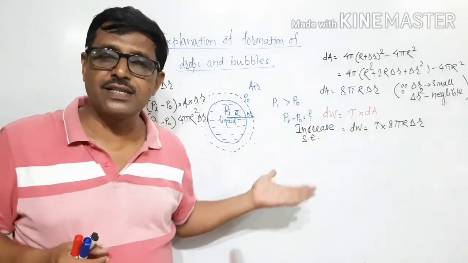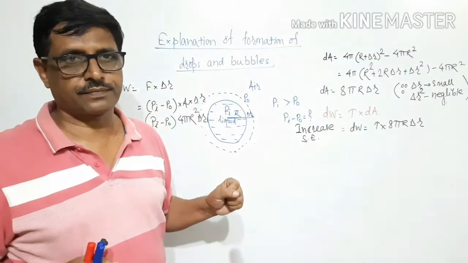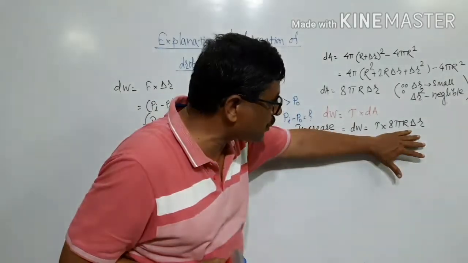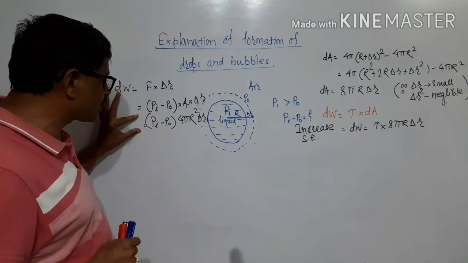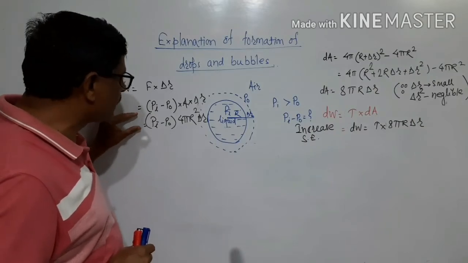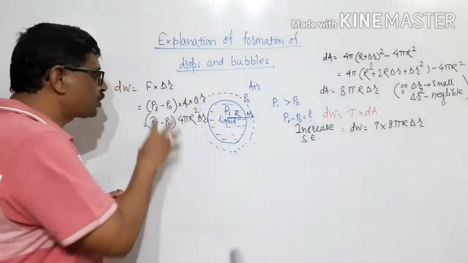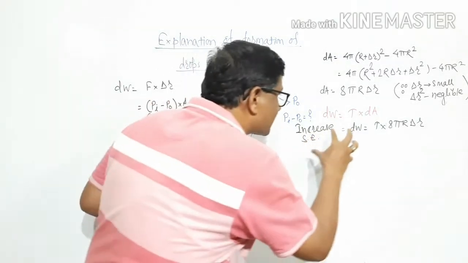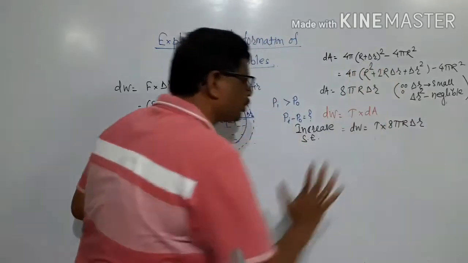This much is the work done to increase the surface energy. This equation is in terms of surface tension, and this equation is in terms of the mechanical work. This much mechanical work is done to increase the surface area by this much.